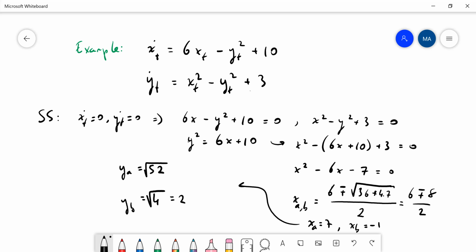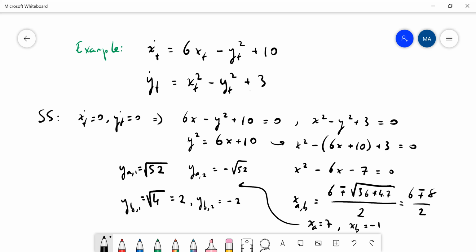Then you have y_A1 square root of 52, y_A2 minus square root of 52. You have to be careful here. y_B1 is 2, y_B2 is minus 2. Okay?